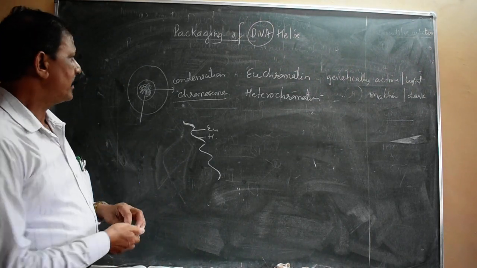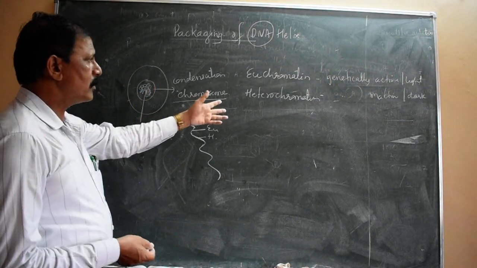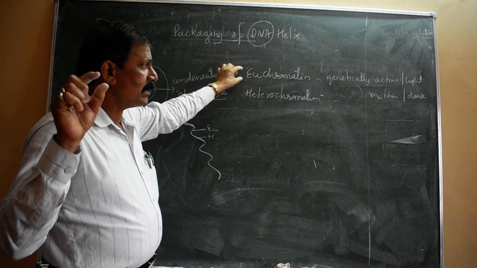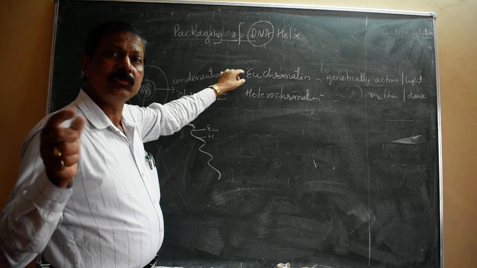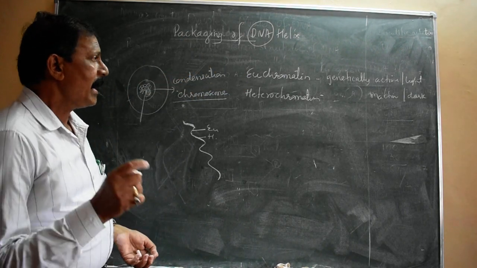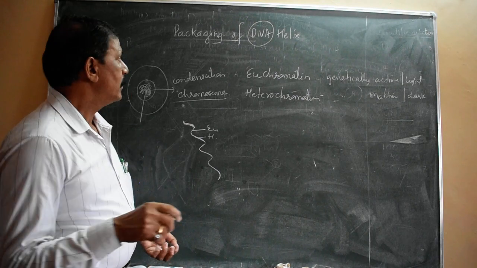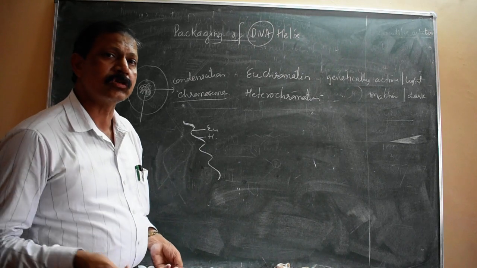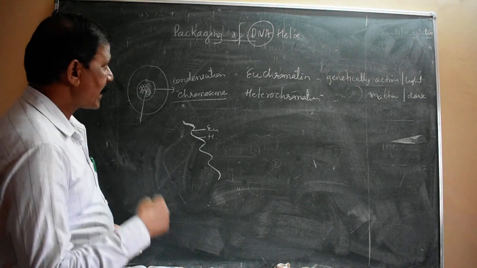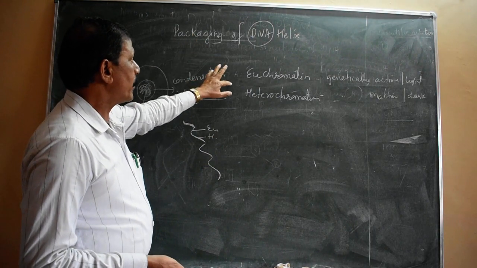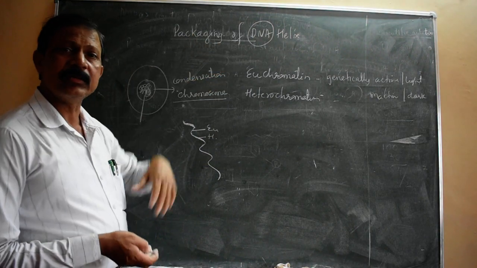In this way, heterochromatin, euchromatin, and heterochromatin. The euchromatin, the light region, is genetically active, with loosely arranged nucleotides of the DNA, and it plays a very important role in the transmission of characters from one generation to another generation. These are the active part, and both heterochromatin and euchromatin form the packaging of the DNA.